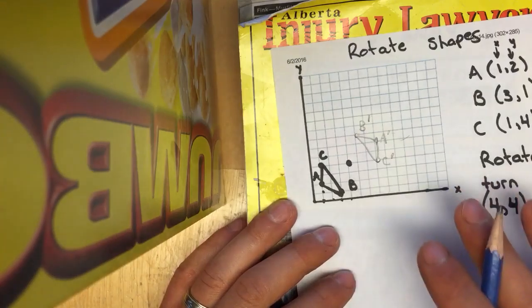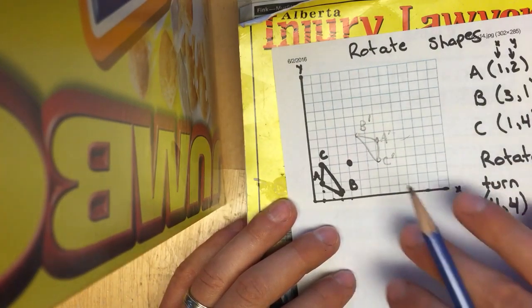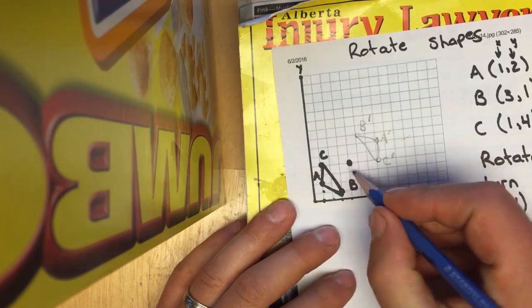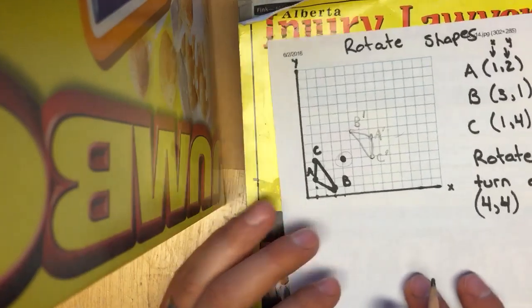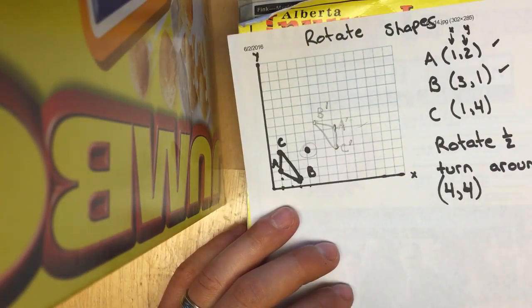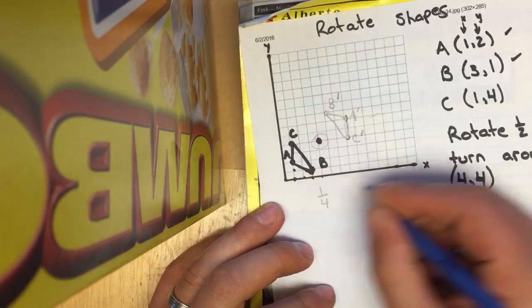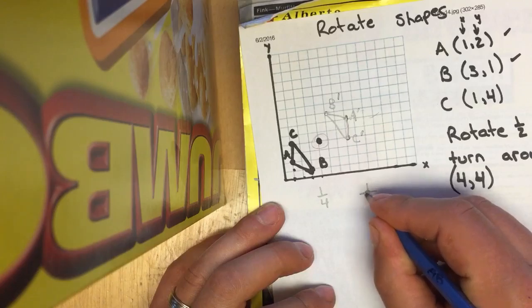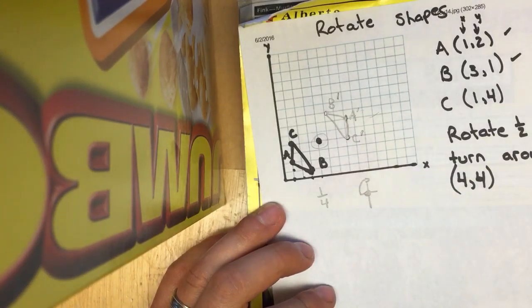So you can see this is how we do rotations. We need grid paper and a tracing paper, and we just start rotating it around the spot that we're doing the rotation. Now, a couple important things I want you to remember: if you're doing a quarter turn rotation, you only move it one of the 4 ways around.